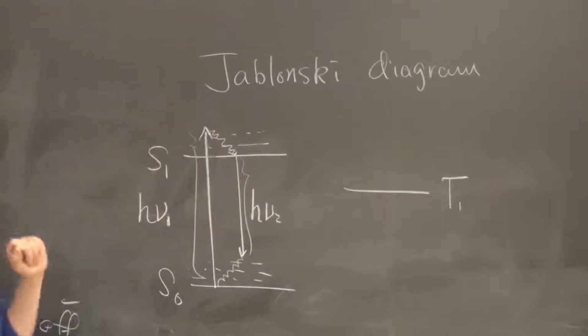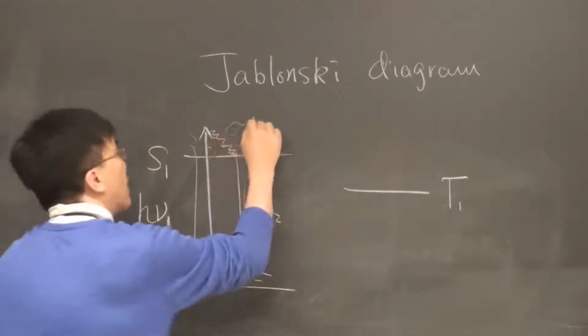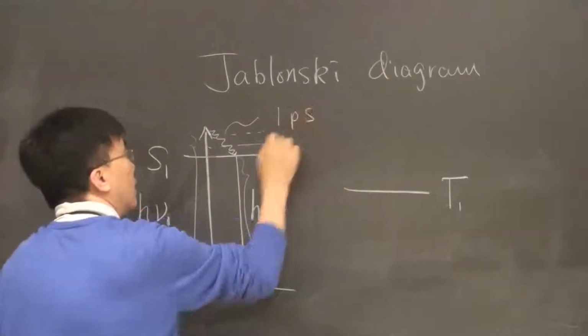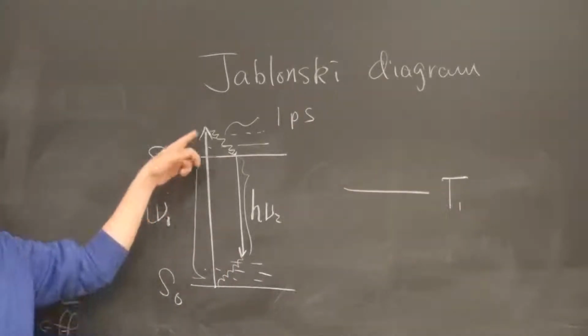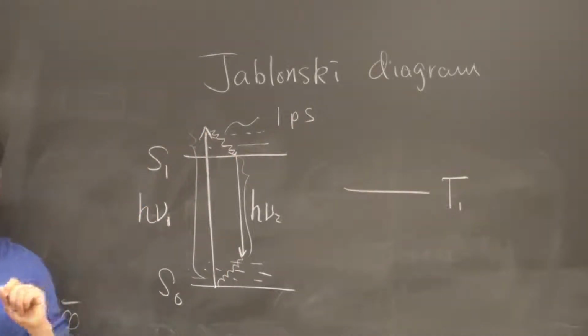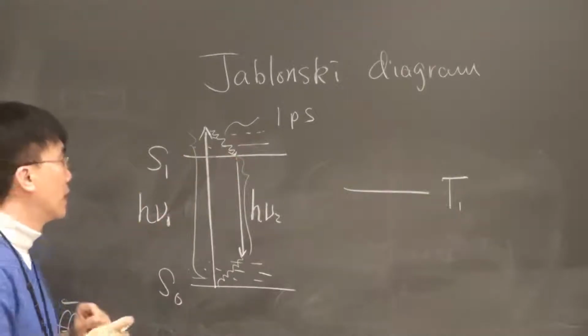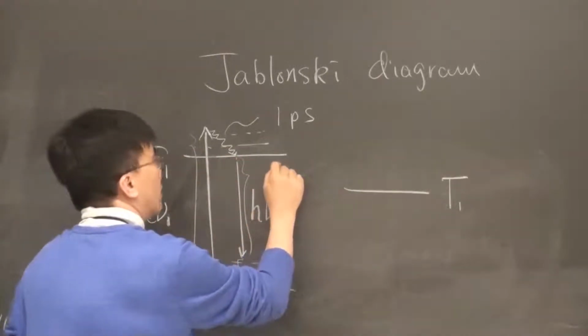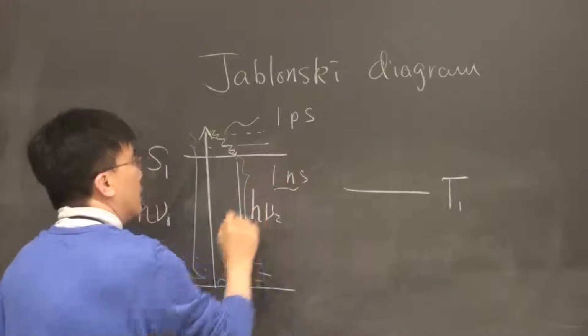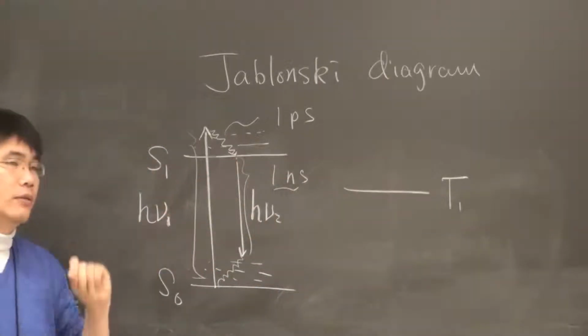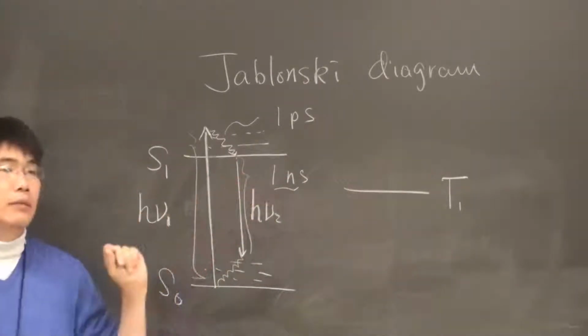And then once you go there, it relaxes down to the bottom of the excited state very quickly, within about a picosecond, 10 to the minus 12 second. And then it sits here for a long time. Eventually it comes down to the ground state after about 1 nanosecond.